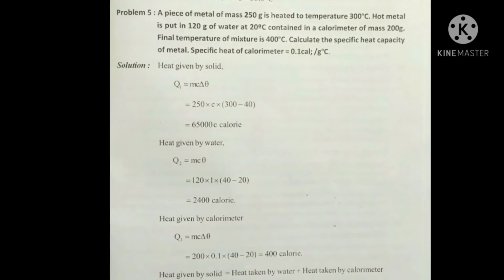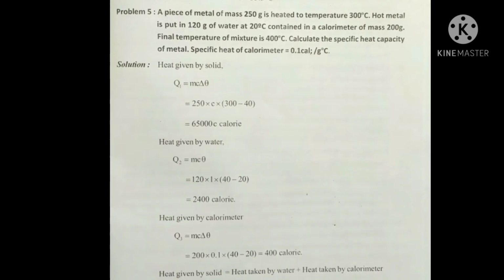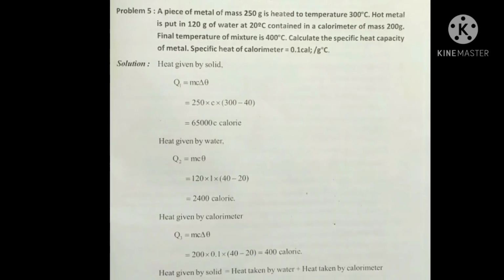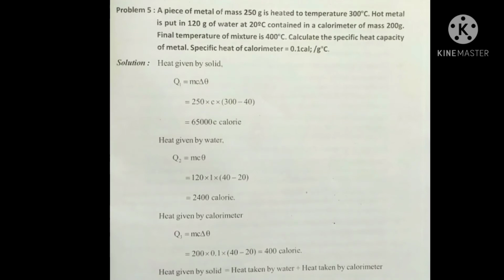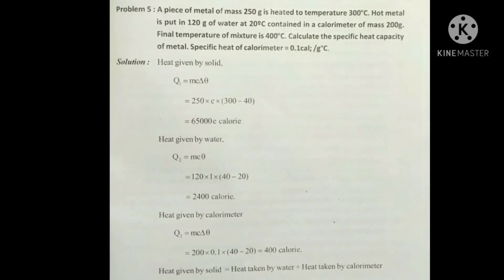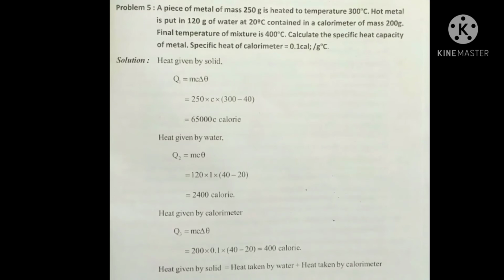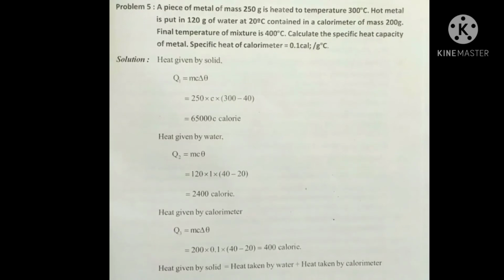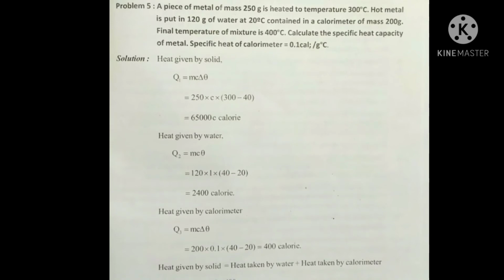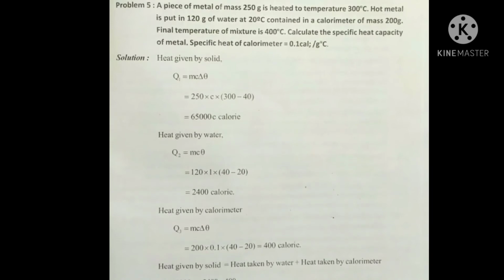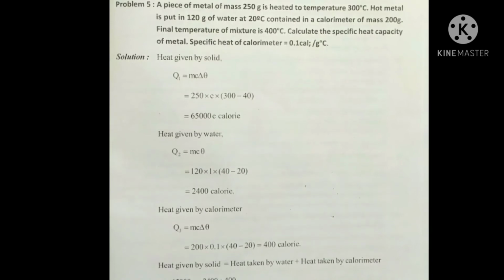Then we put it into the water and got 40 degrees centigrade, the final temperature. So the change in temperature is 300 minus 40. So finally 250 into C into 260, so the result is 65,000 into C calories. Here C means the specific heat of the material.